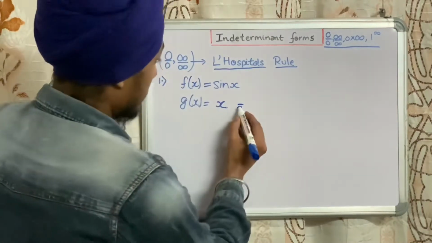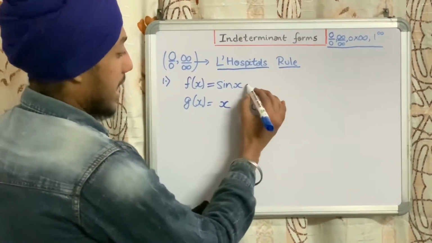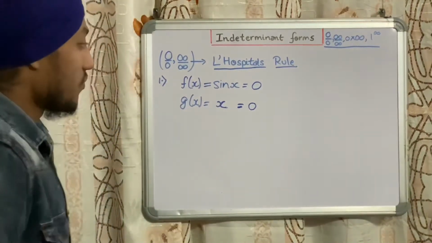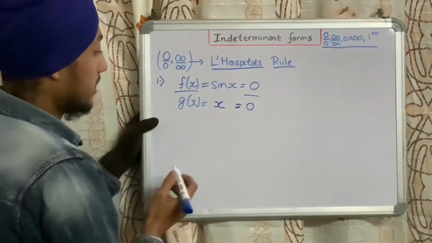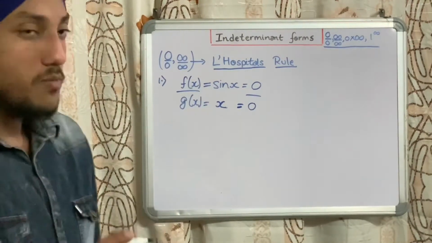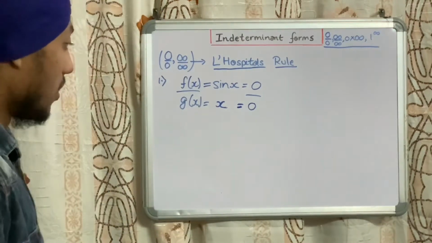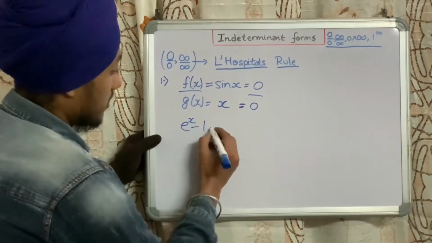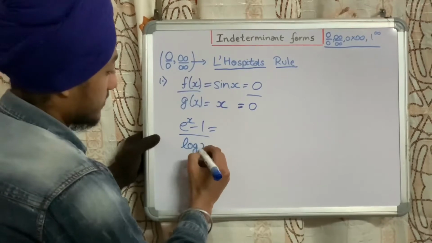When we put x equal to 0, it will be 0, and we know sine 0 is 0. So when these types of forms are divided, we get an indeterminate form, 0 by 0. Let's look at another example: e raised to the power x minus 1 upon log x.